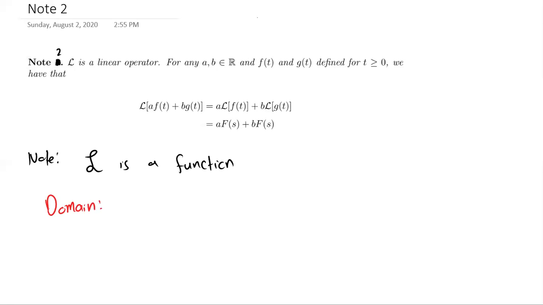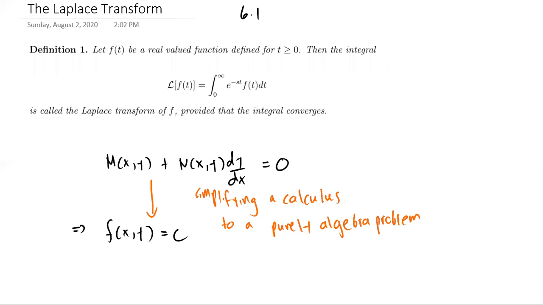Well, if you look at the definition of the Laplace transform, we're looking for functions f of t defined for t greater than or equal to 0, right? And if we want to look for just the domain for which the Laplace transform actually exists, then we're looking for functions f of t defined for t greater than or equal to 0, for which this integral converges, right? So that's the domain.